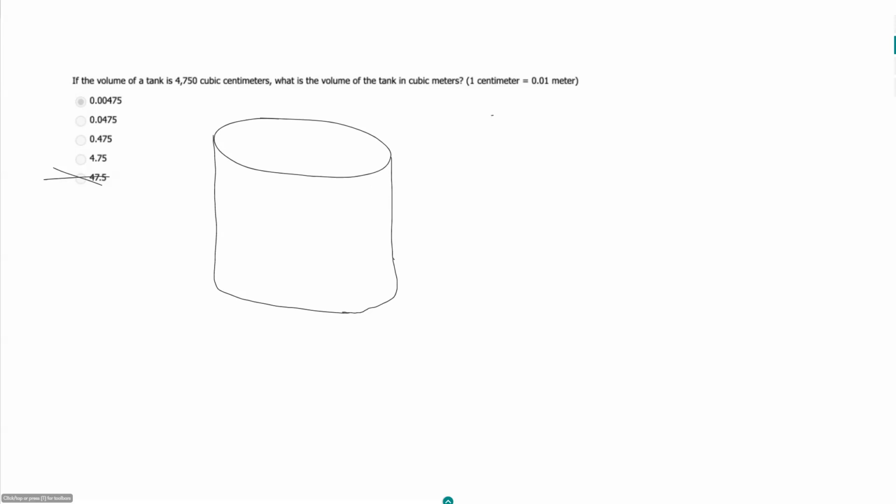The volume of a cylinder is pi times the radius squared times the height, pi r squared h. So originally, if we use centimeters to calculate our radius and our height, that gives us a volume of 4,750 cubic centimeters.